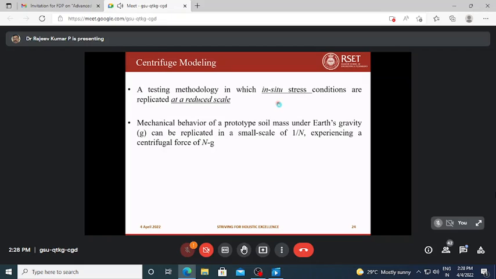Say you are taking a 1 centimeter by 1 centimeter by 1 centimeter soil cube. In the geotechnical centrifuge, you can simulate a 1 meter by 1 meter by 1 meter huge soil cube. Likewise, you can simulate any field conditions like flow through porous media, or even contaminant transport mechanisms, permeability.